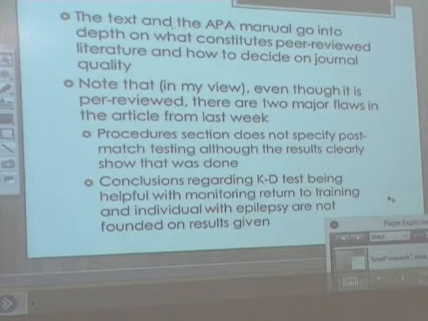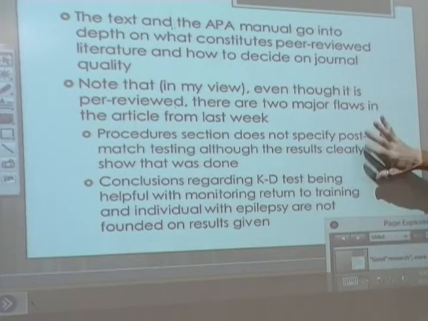So if I find an article in JOPERD at this level of writing, I would back it up with something that was up-to-date research on that issue. Does that make sense? Right?